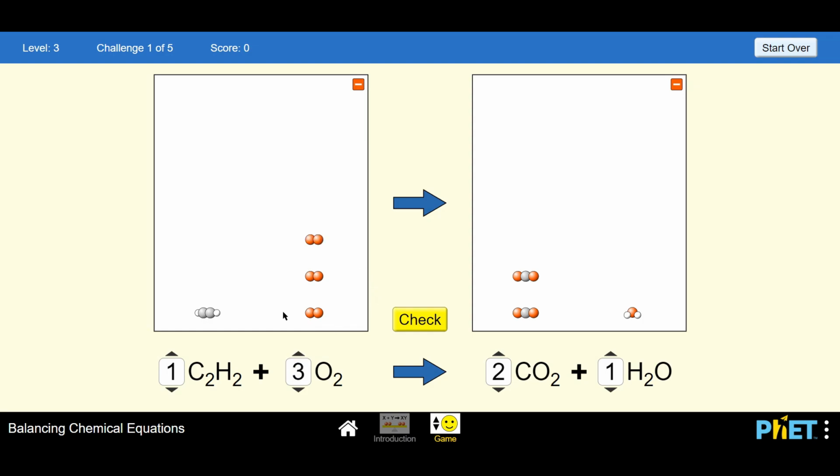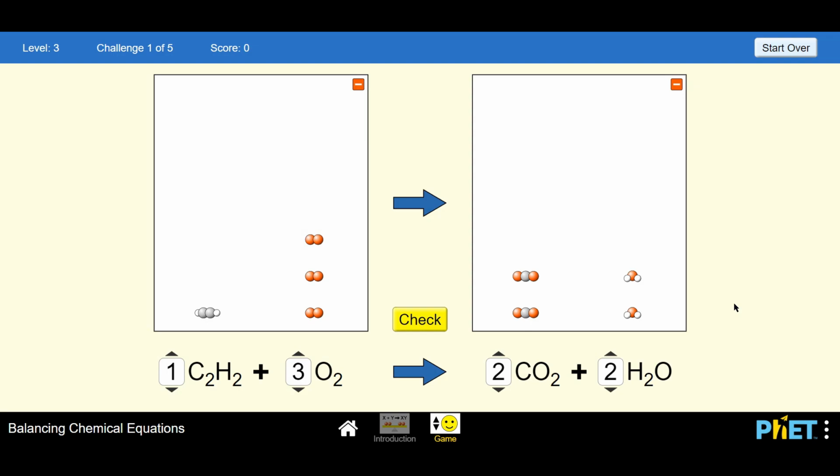So I'm never going to be able to just make the left side have 5 oxygens. I'm going to need to do something about that on the right-hand side. For example, if I added another water molecule, I have 6 on the left, and I have 1, 2, 3, 4, 5, 6 on the right, because each water molecule has just 1 oxygen atom. And so now the red oxygen atoms are balanced.